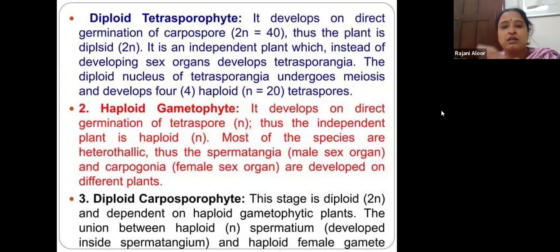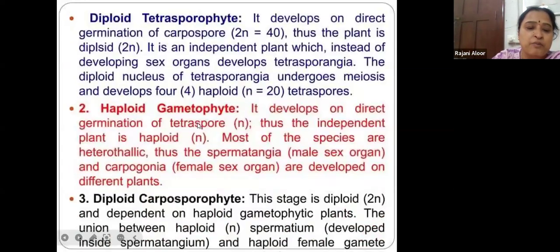The female sex organs, the carpogonia, are developed on different plants, and there is further development of a diploid nucleus into the diploid carposporophyte or carposporangium. These carpospores germinate directly into diploid tetrasporic plants. This is called the diploid carposporophyte.